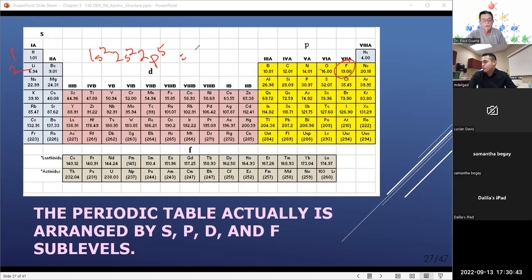See, this is fluorine. Okay, now fluorine is a nonmetal. And it has room for one more electron because that p orbital only has 5. So fluorine can readily pick up one more electron rather than lose 7. Think about it. Is it easier to lose 7 or just simply pick up 1?